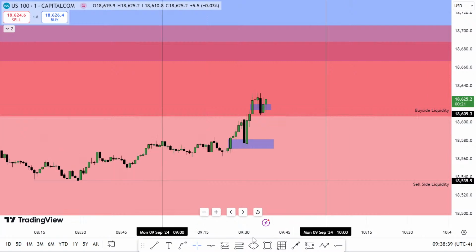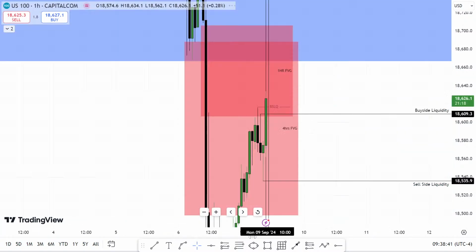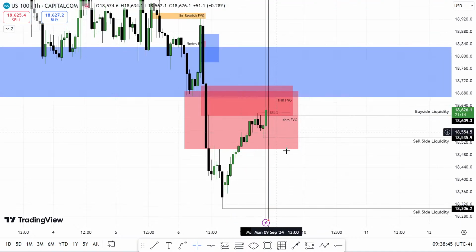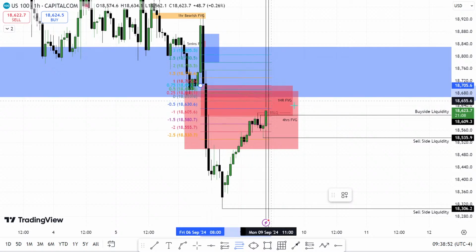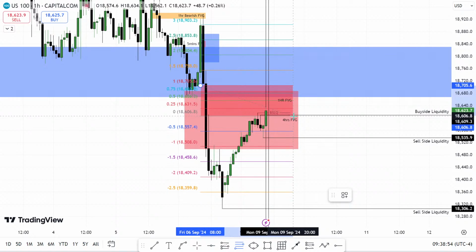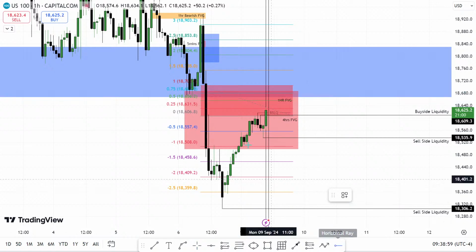So let me see if we get a buy side liquidity from the 1 hour time frame. Currently we don't have that. One of the ways we can get the draw on liquidity now is to measure this right here. We can take the midpoint of that fair value gap to be our draw on liquidity.